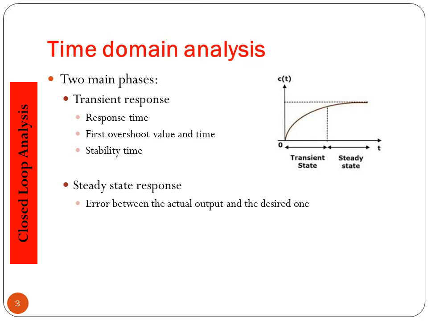The transient response, in fact, is not visualized in the frequency domain output. Thus, we use the time domain in order to study this usually fast part, and we focus mainly on the response time, on the stability time, and on the first overshoot time and value. As for the steady state, we mainly focus on the error.